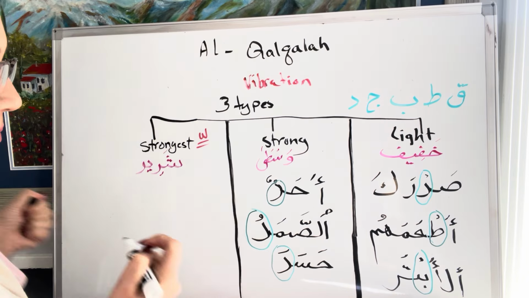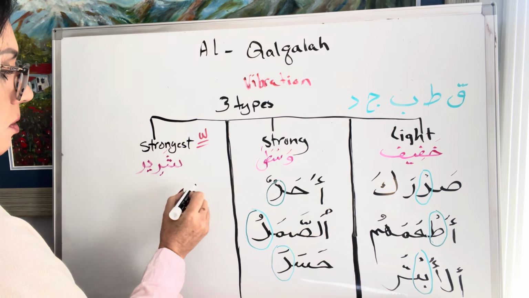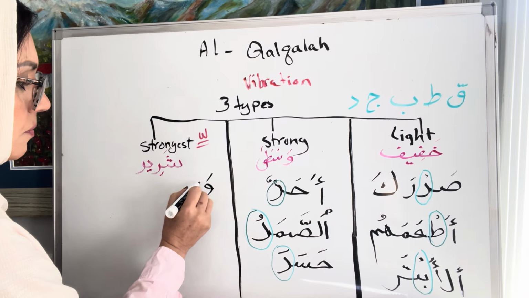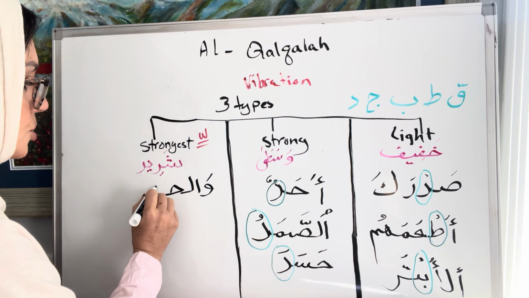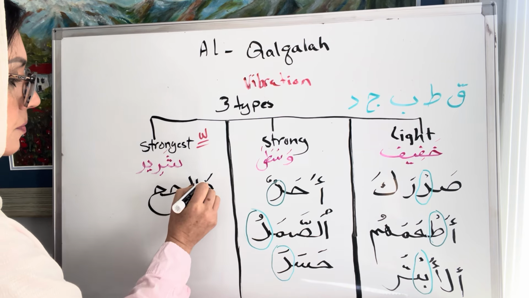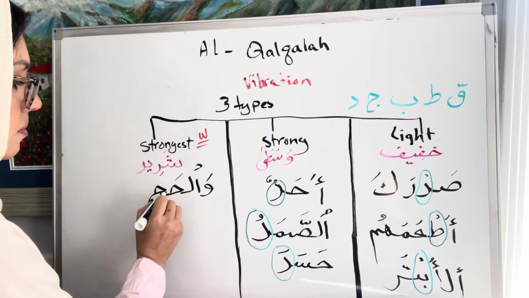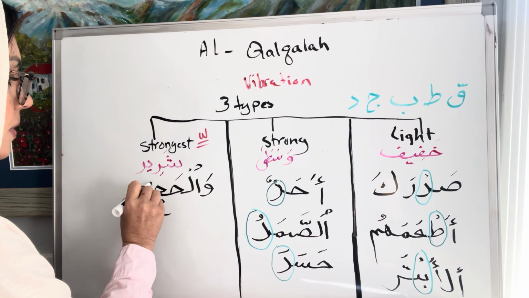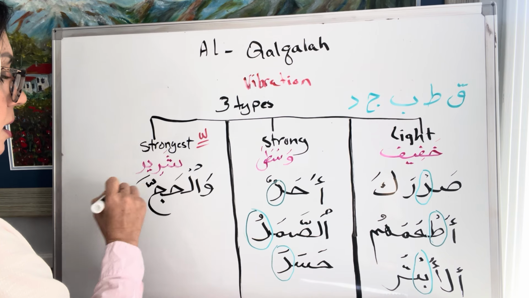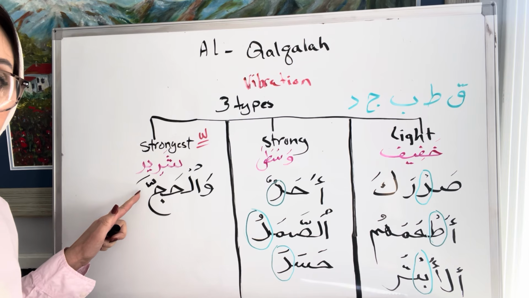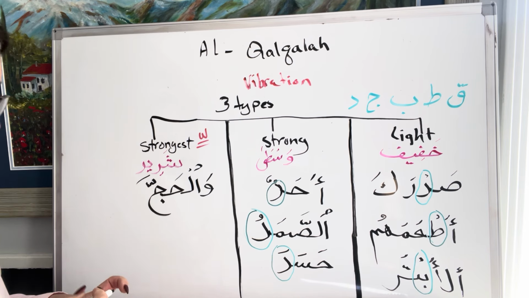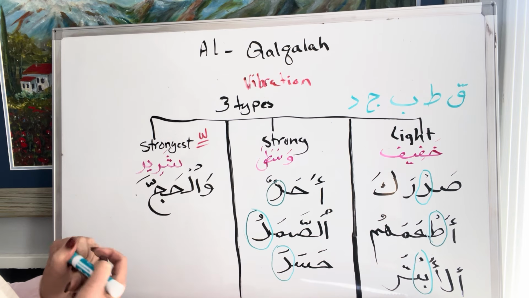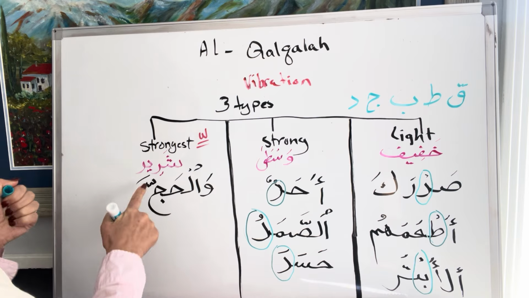Okay, so like in the word wal hajj. Let's see. Yeah, you guys can see that. Wal hajj. Now there's the shadda, and then there's the fatha on it. So you see the shadda right there. And if we stop on it, then we have to give it the strongest qalqala because there's a shadda on it.